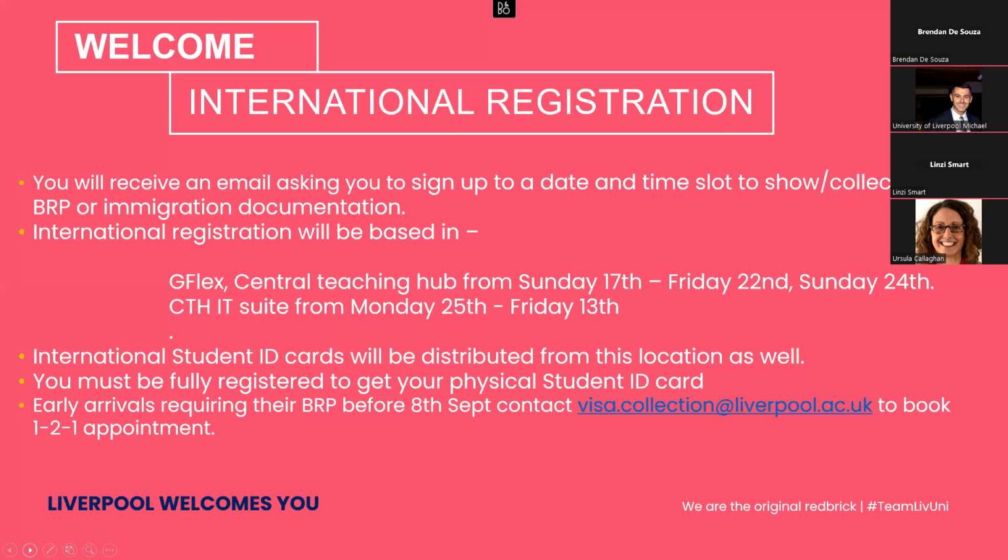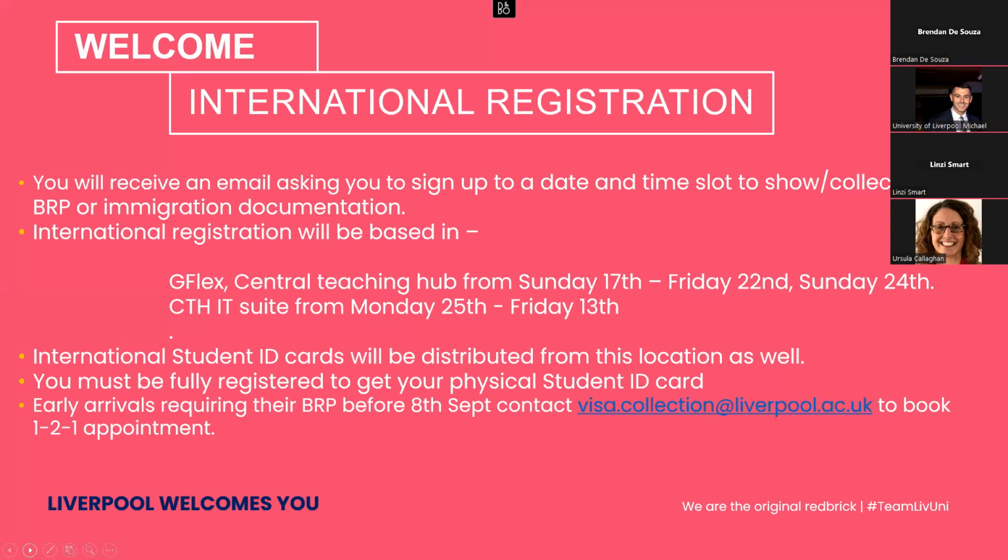You'll receive an email, or hopefully you'll have already received an email, in relation to signing up to a date and time slot to show or collect your BRP or immigration documentation. That'll be via an Eventbrite link, and you'll be given a date and a time to come along to the GFlex, which is in the Central Teaching Hub, right in the middle of campus. Those dates will be from Sunday the 17th to Friday the 22nd of September.